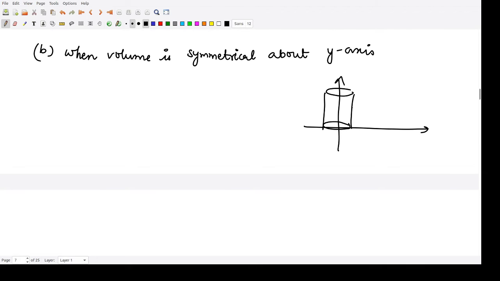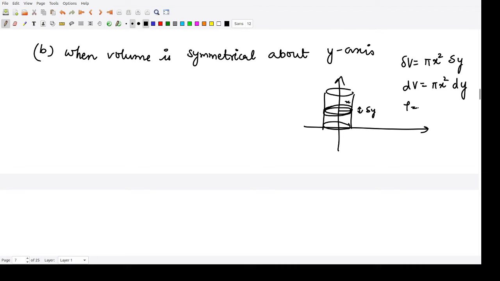Now we can take a very small portion of this one also. It would have this displacement as delta y, and this length would be x, right? So this very small volume delta v would be pi r square, and the radius is x, so pi x square delta y. So dv would be pi x square dy, right?